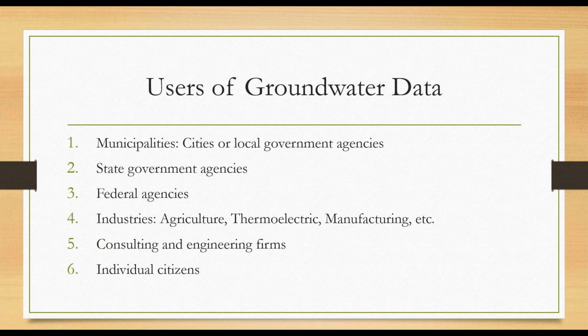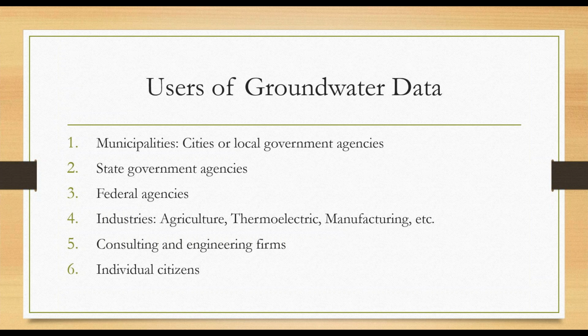In some states, the state owns the groundwater resource and must appropriate its use, so they'll use USGS groundwater data to decide how to appropriate water use. Federal agencies are also large users of groundwater data from USGS. The Department of Interior, for example, manages a lot of the Western lands and land use, and they also use our data.